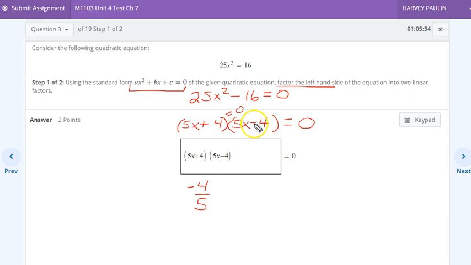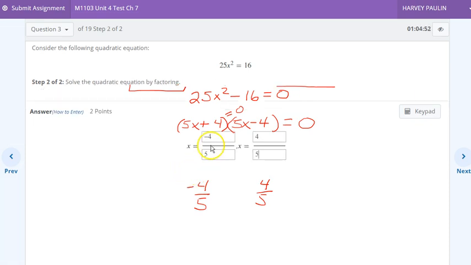Here we're going to transpose the negative 4 to make it a positive 4. And then divide by 5. So these will be our answers in the next frame. So you want to have this on your blue sheet. This is the work, and of course correctly put the answers into the software.